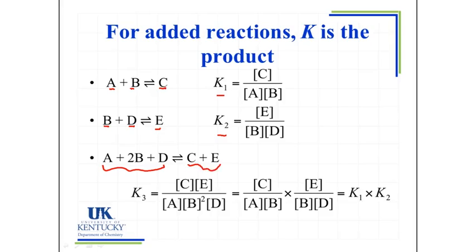So now if I write the K3, the equilibrium expression for that overall reaction, I get C times E over AB squared D. If I look at K1 and K2, I see that this is simply the product of those equilibrium expressions, because I can break that down into each part, and as a result, I can find the equilibrium constant K3 by simply multiplying K1 times K2.